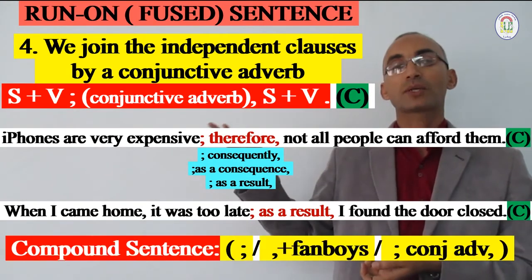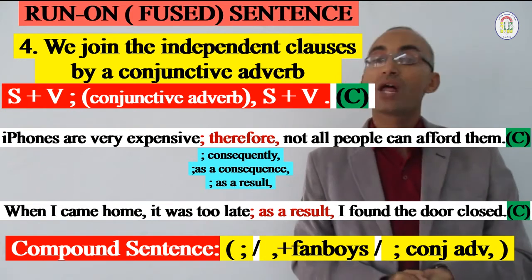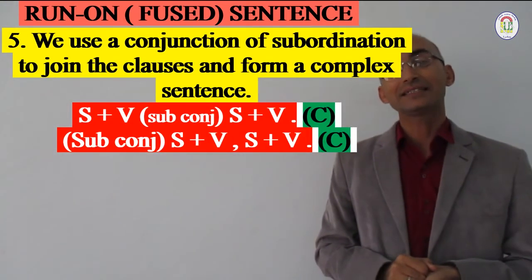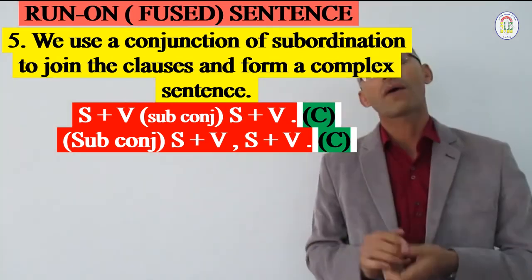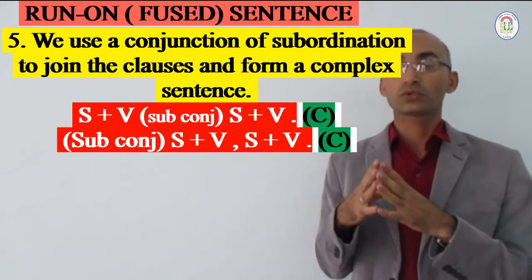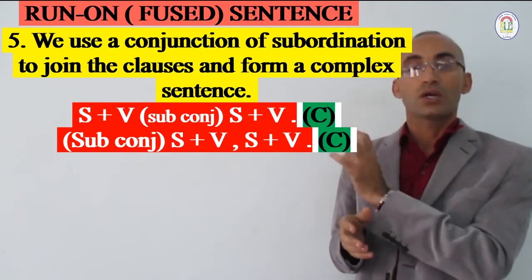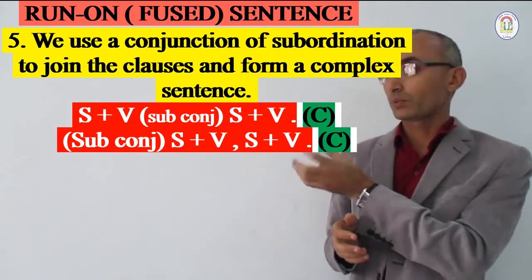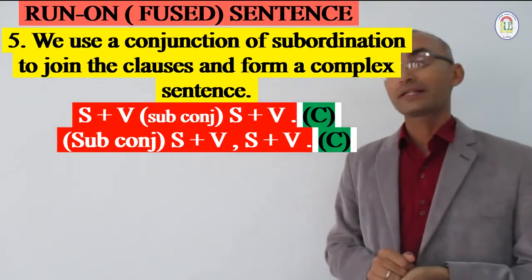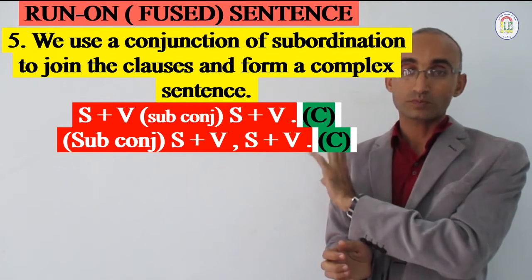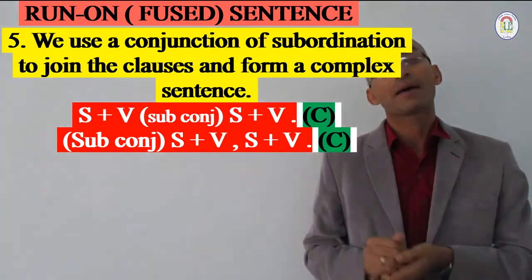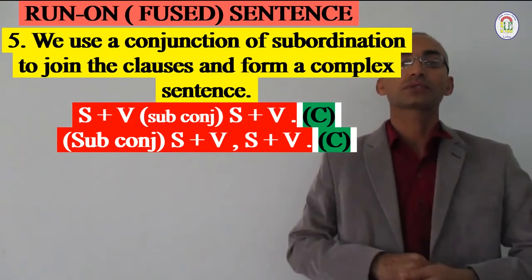Now also the fifth way, number 5, I can use a conjunction of subordination, of course, which suits the logical relationship between the two independent clauses, and join with it these two clauses together. Here I'm going to form a complex sentence, of course.